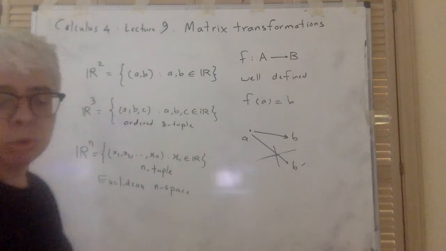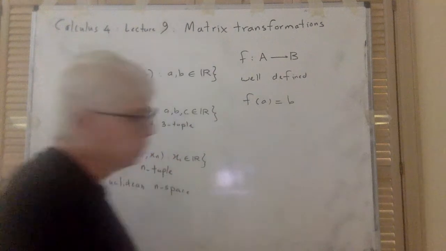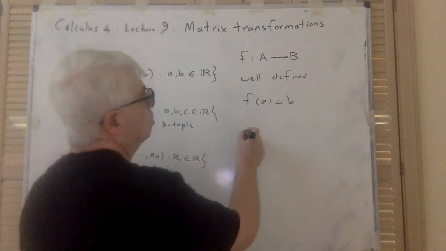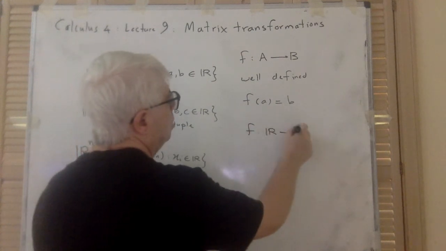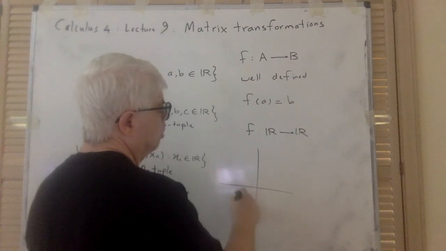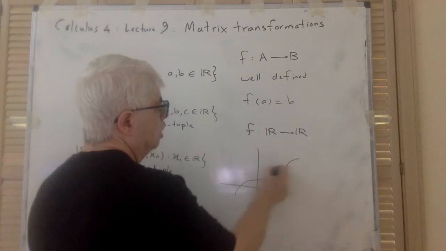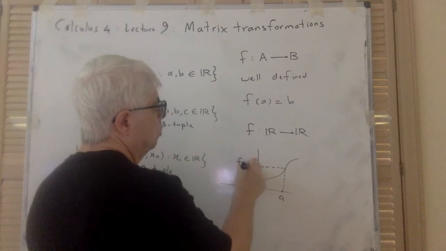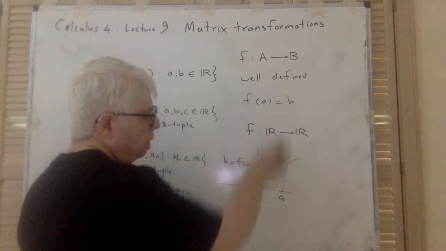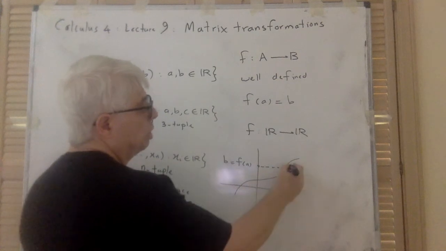And that is, in fact, what you might have seen as the vertical line test. Remember the vertical line test? That was for graphs of functions from R to R. A graph of a function should be like this, which means if I have A here, then f of A, which is B, is unique, and any vertical line intersects the graph in one point.